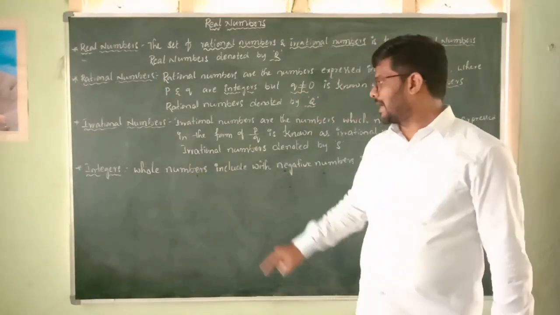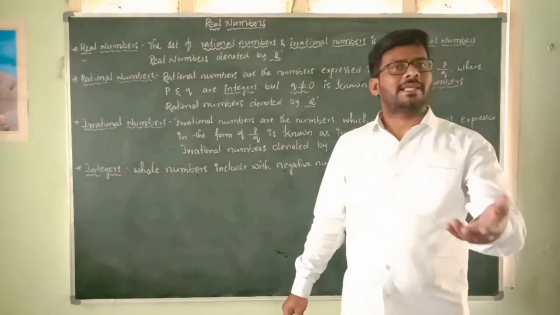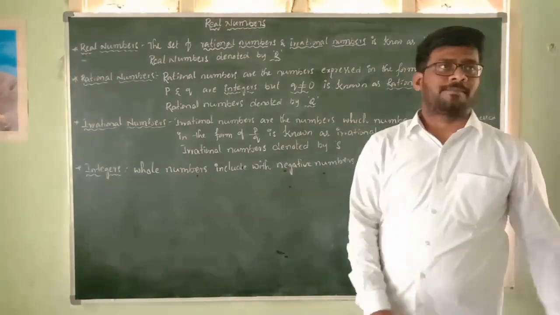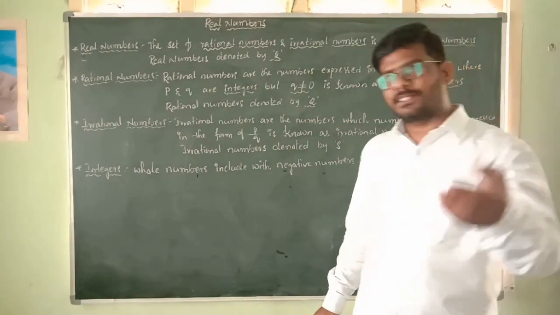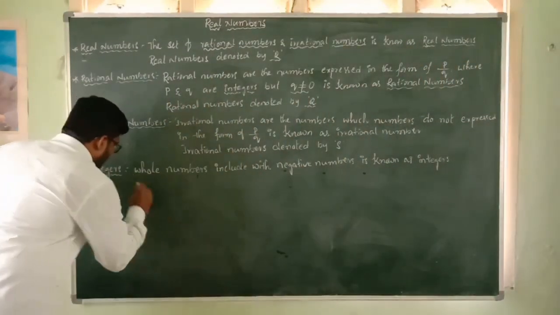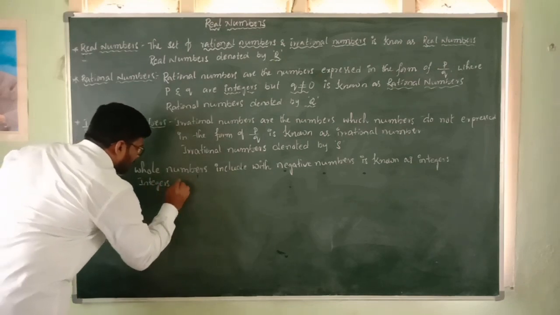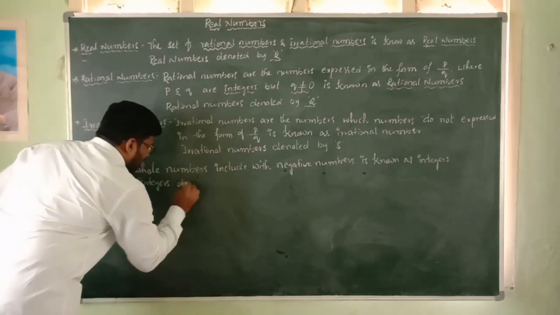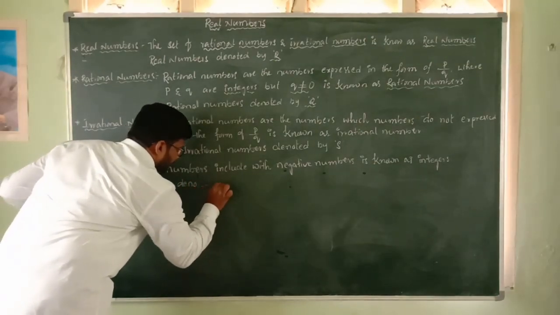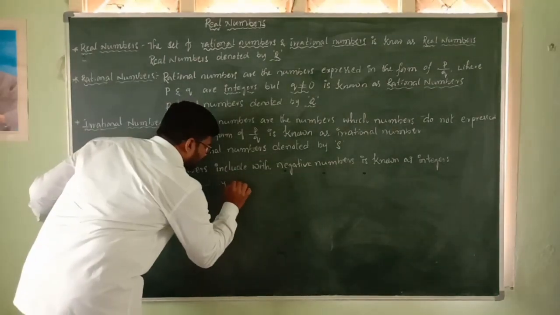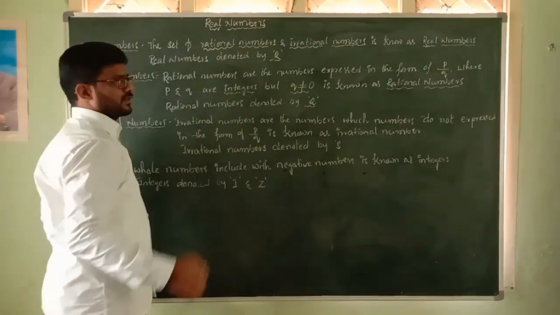Whole numbers together with negative numbers are known as integers. These integers are denoted by capital I or capital Z.